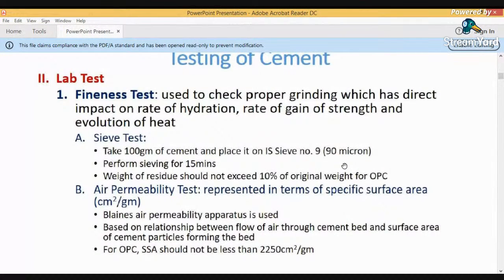It is based on the relationship where we flow some air through the cement bed and measure the surface area of the cement particles forming the bed. For ordinary Portland cement, the specific surface area should not be less than 2,250 centimeters square per gram. It should always be more than 2,250 centimeters square per gram.